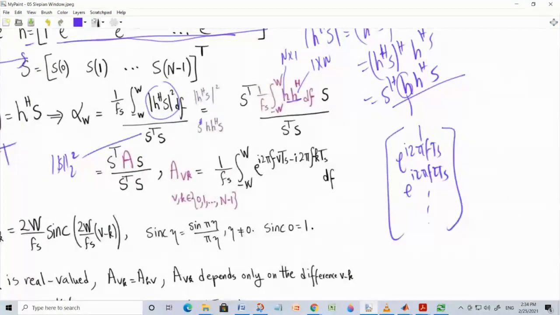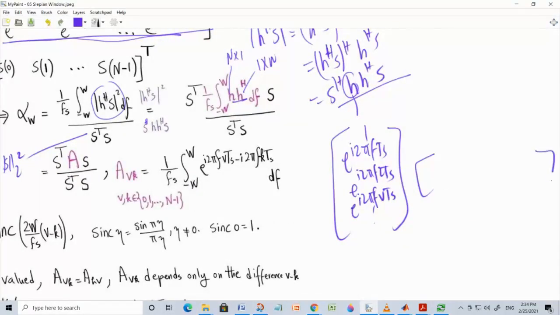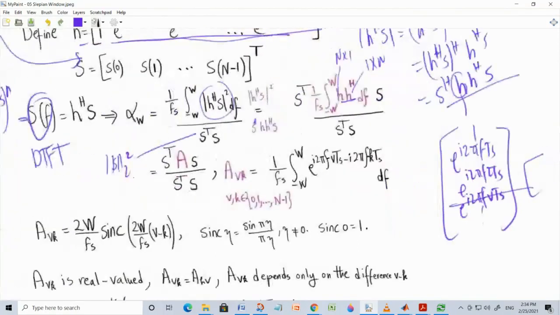This is the H vector, so there is an element e^(i2πf l Ts), and you multiply by its Hermitian, an outer product, with an element e^(-i2πf k Ts). So element (l,k) in the matrix is that you take this one times this one, integrate from minus W to W, and scale by 1 over Fs.